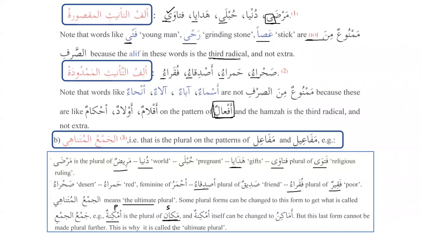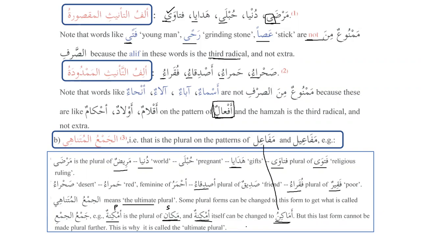Now amkinatun also has a plural, which is amakinu. We cannot make a plural of amakinu. It's not possible. Why? Because now it comes on the pattern of mafa'ilu, which is al-jam'ul mutanahi. That means we cannot make further plural from it, so we say this is the ultimate plural.